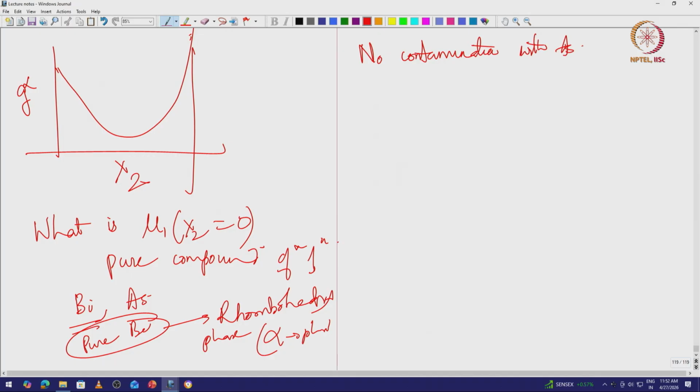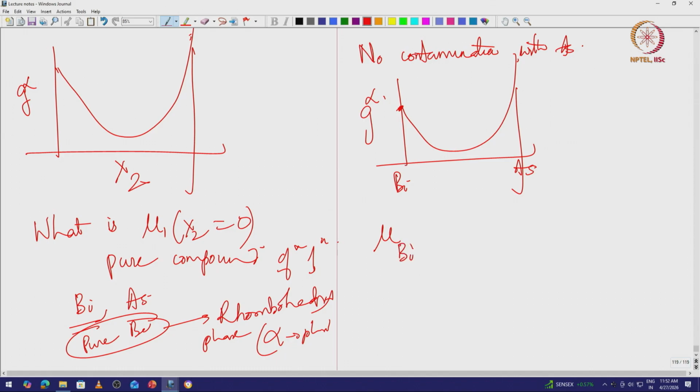Now, I am asking the question, if I give you a G of alpha where this is pure bismuth, this is pure arsenic, so that looks like this, and I ask you the question, what is the mu1 or mu of bismuth in the alpha phase? Now, what is the answer? This is pure bismuth, x2 equal to 0 is pure bismuth.